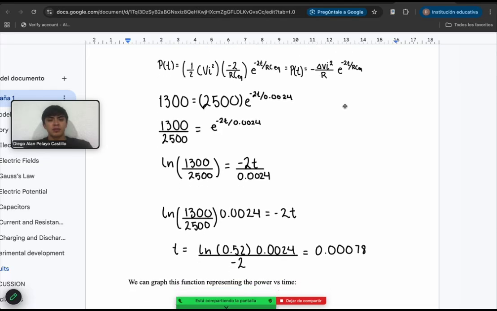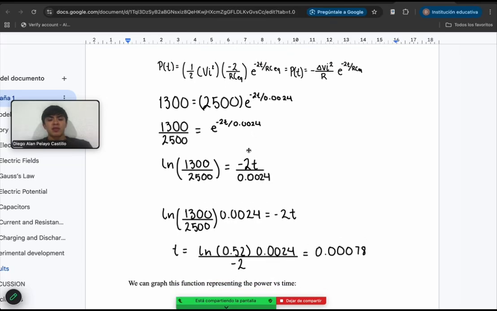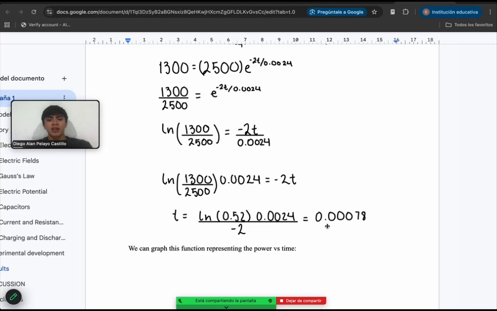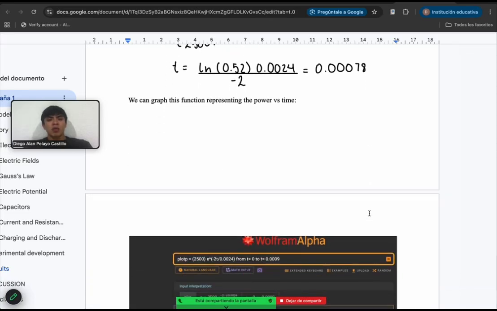Then we substitute the values we already know. And well, this is just pure algebra to solve the equation, and we get 0.00078 seconds, which is somewhat what we were expecting.